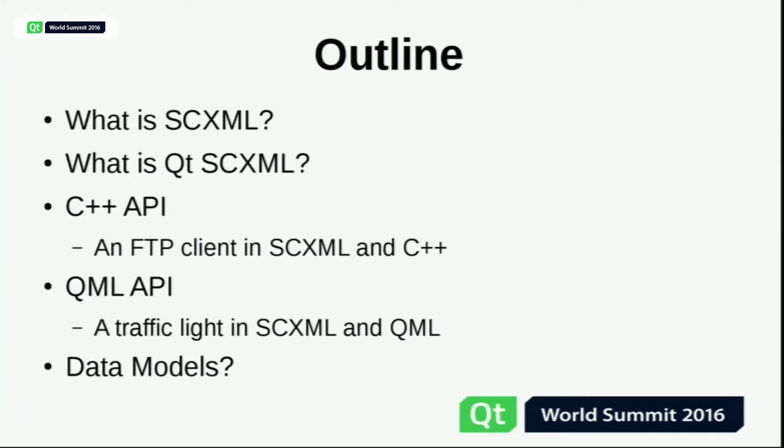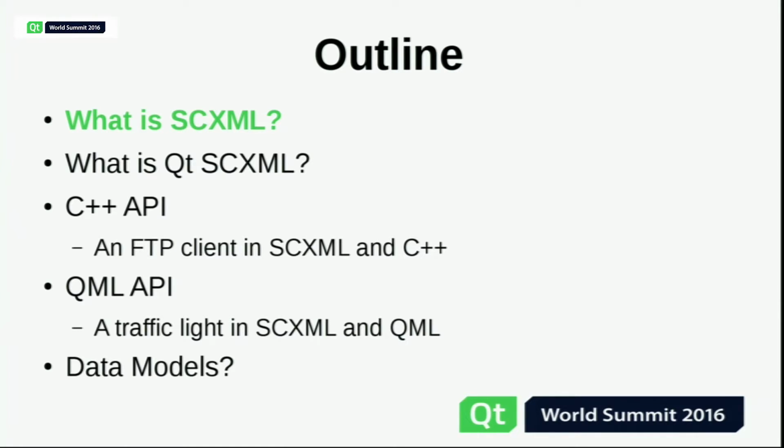Then I'm going to give you a quick walk through the C++ API, and I'm going to show an example for that, which is an FTP client written in SCXML and C++. And then I'm going to show you the QML API with a traffic light written in SCXML and QML. And in the end, I might talk a bit about data models. Anytime you have any questions, I'm very happy to answer them. Don't be shy to ask.